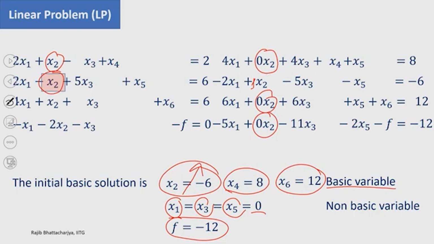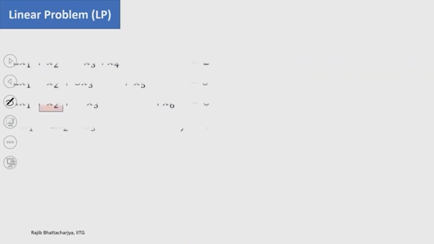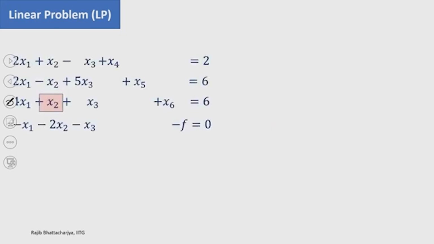All variables, that is x1, x2 and x3, should be positive, but in this case we are getting x2 equal to minus 6. Therefore, this is not a feasible solution. So, if you consider this x2 in the second equation as a pivoting element, we are getting a solution, but that is not a feasible solution, because x2 equal to minus 6.